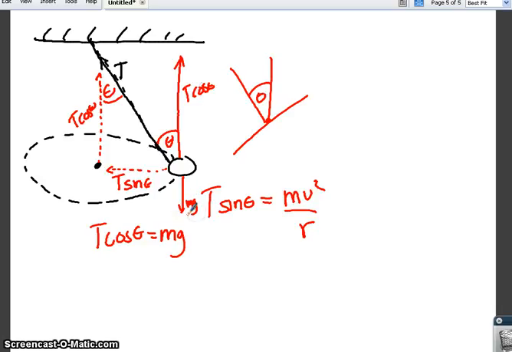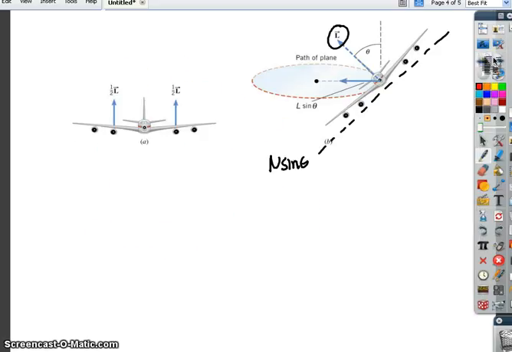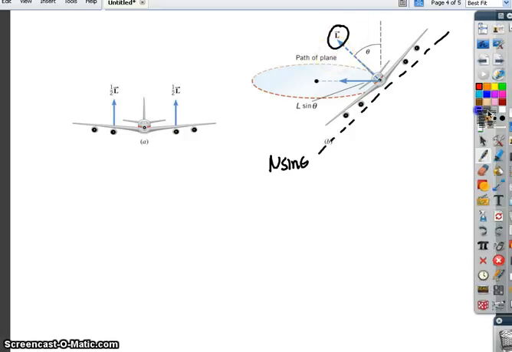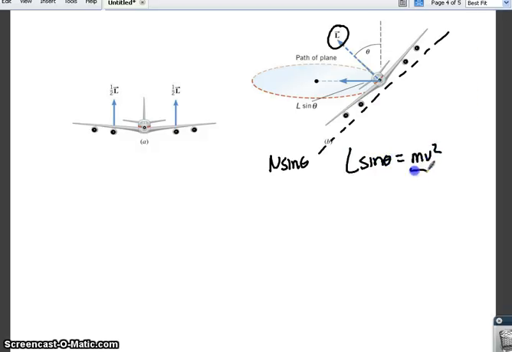So the math is going to work out exactly the same for a ball traveling in a circle on a string with tension as compared to a plane traveling in a circle with lift. Okay, I didn't write it out, but L sine theta equals mv squared over r.